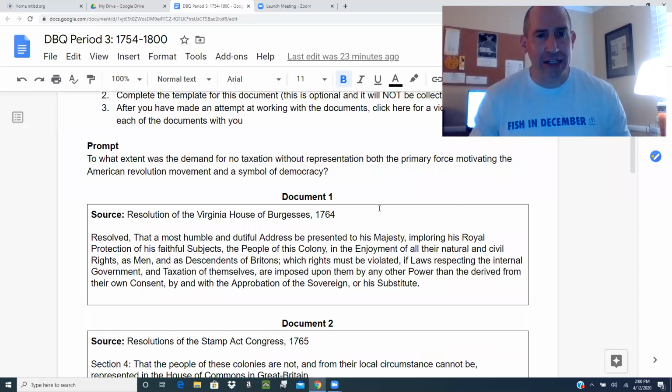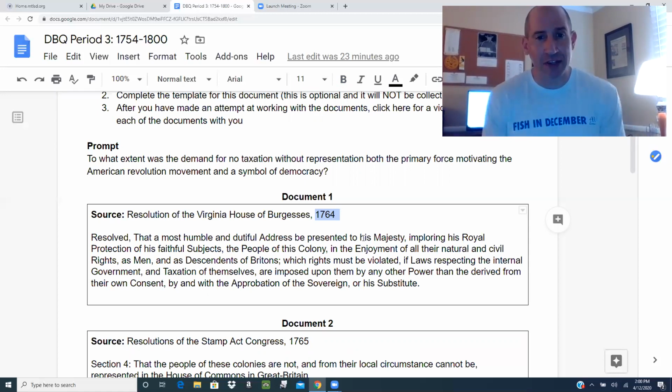So as we look at this resolution of the House of Burgesses in 1764, right, here they are clearly talking about that taxes passed by Parliament, by the imperial power, is not in keeping with the liberty of self-government.